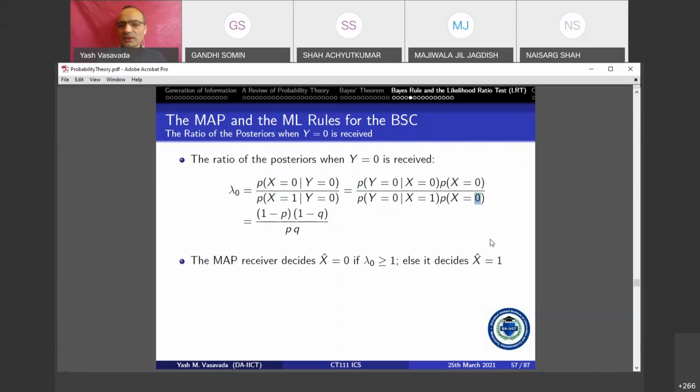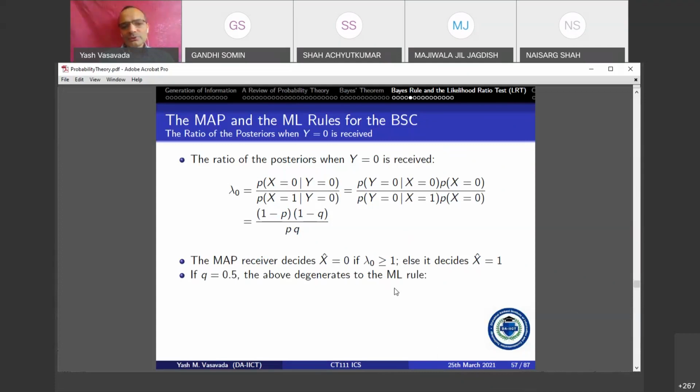Yeah, this is my typing mistake. Sorry about that. Yes, this should have been x is equal to 1. And therefore, here I didn't make a mistake. Here this is actually fine. Thanks for pointing out that mistake.